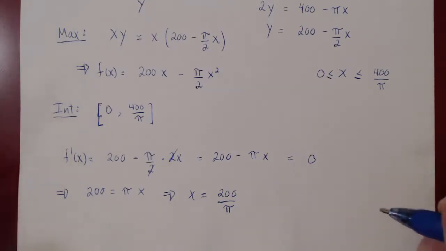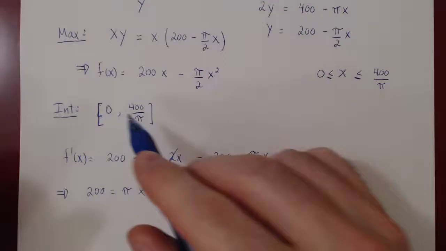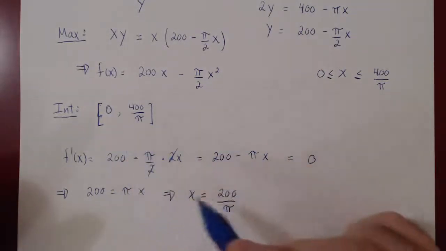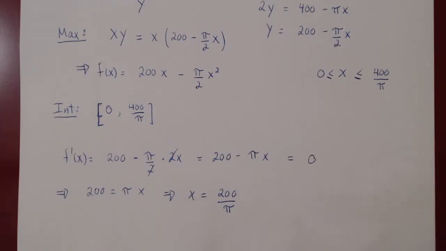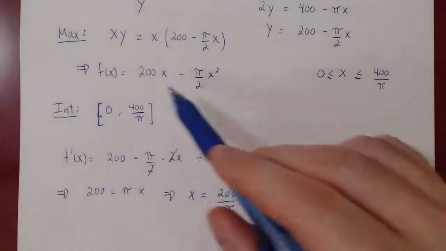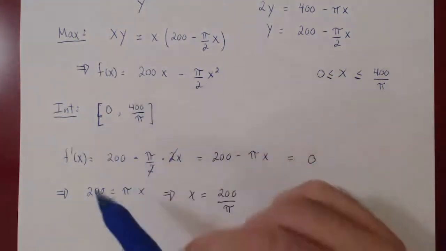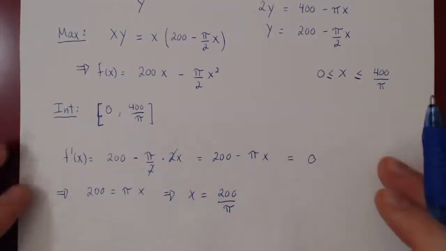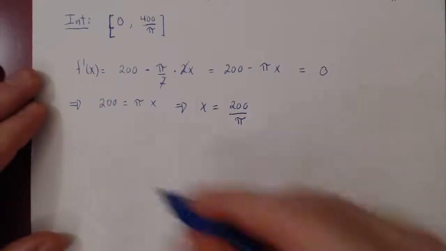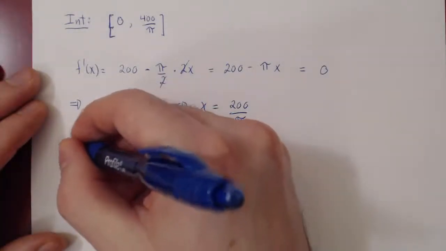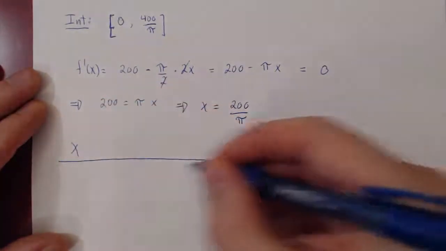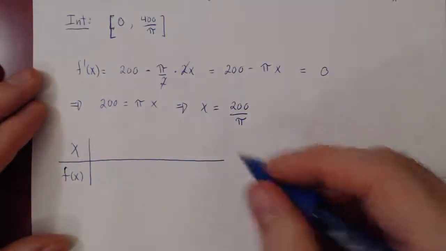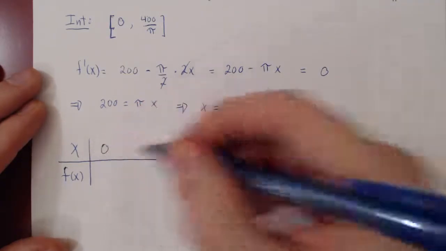And now we can form our table of values. We have the two endpoints of the interval, the single critical point, which obviously is inside the interval, and we know that the maximum of this function must occur at either the left or the right endpoint, or at the critical point. So we're almost done. All right, so left endpoint x equals 0.